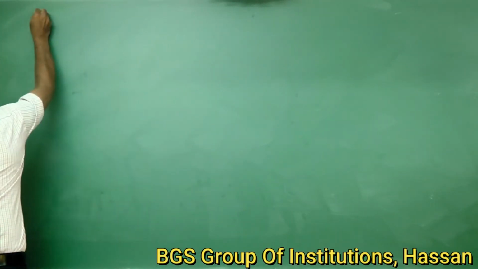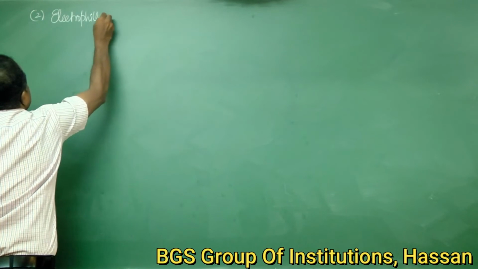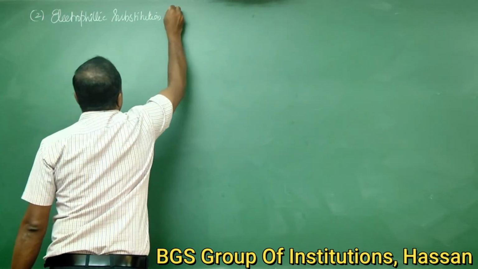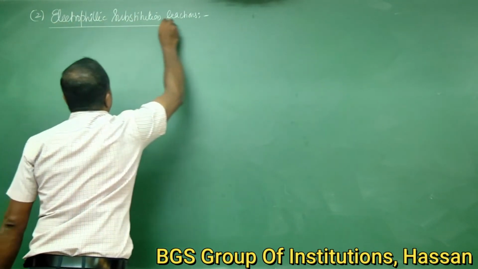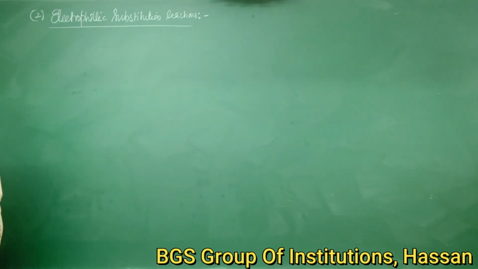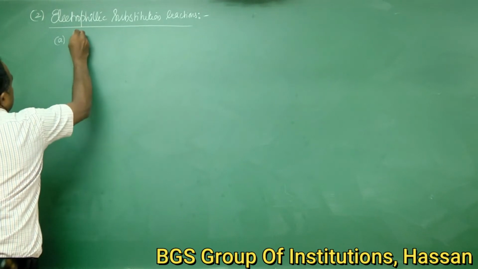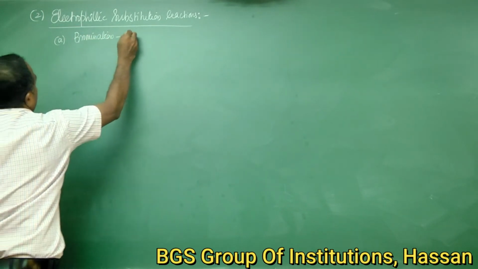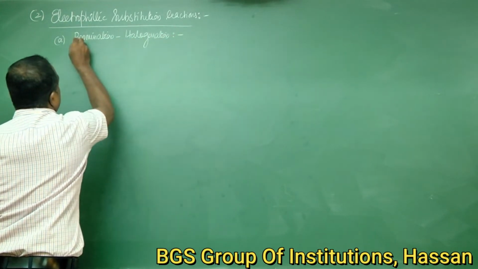Some of the important electrophilic substitution reactions of ethers are, first one, halogenation, that is the bromination reaction.